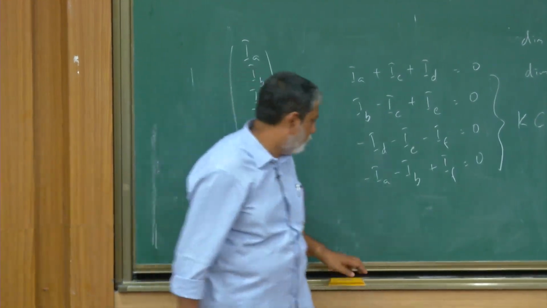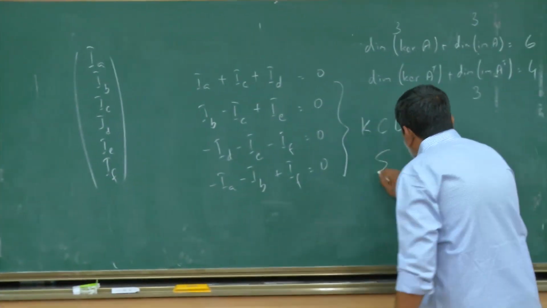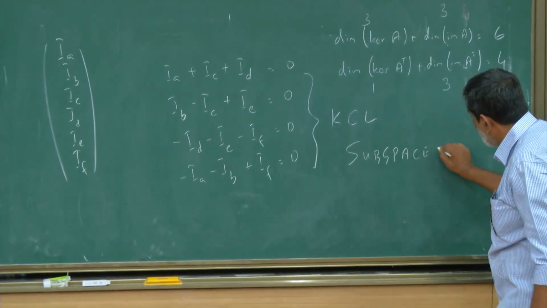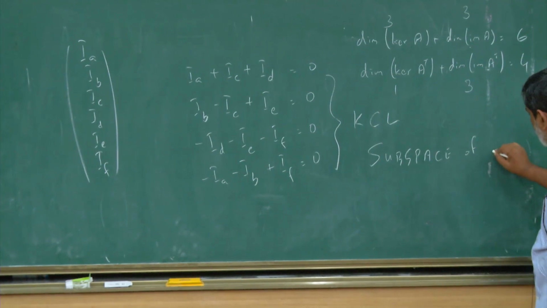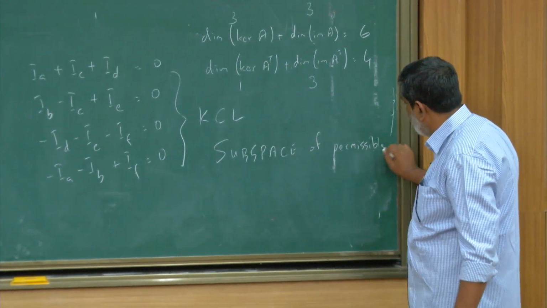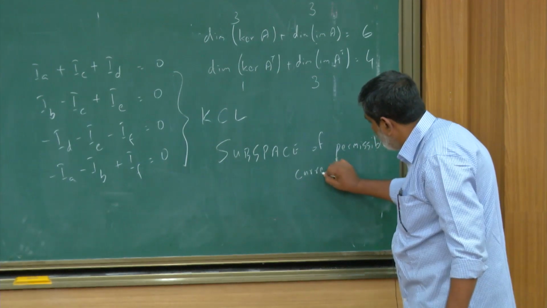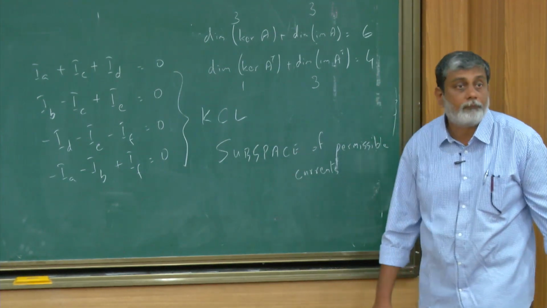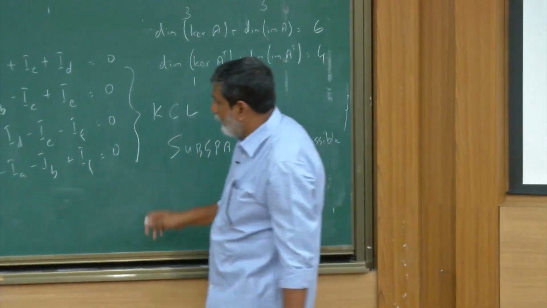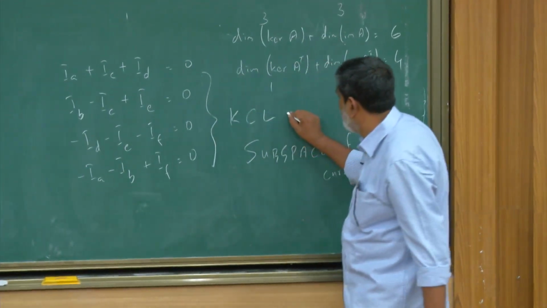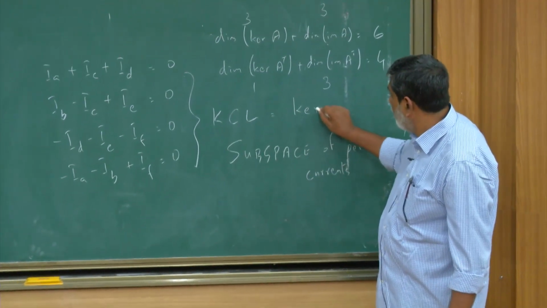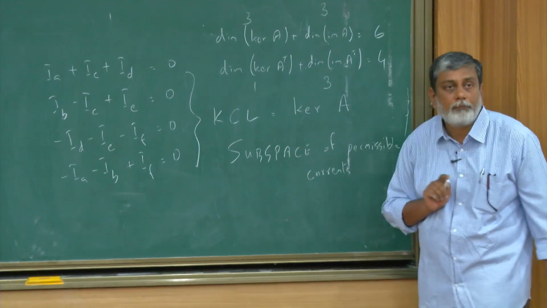Okay, so I'm interested in the subspace of permissible currents. Yeah. So KCL is really kernel of the matrix A.